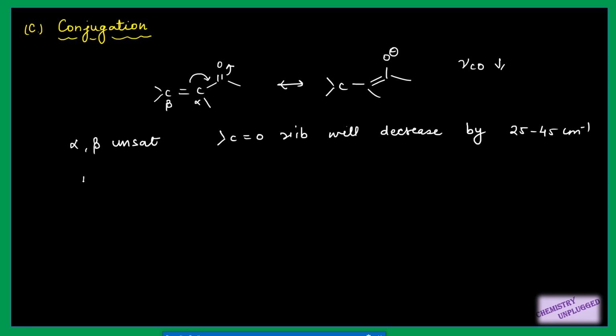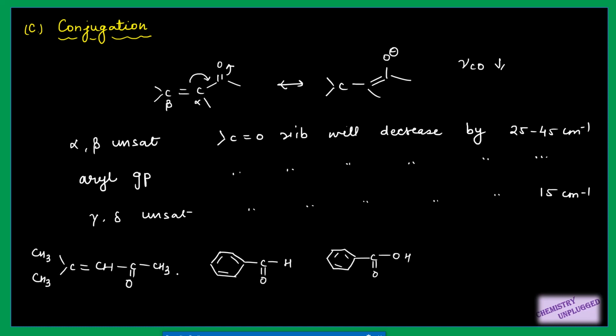And if you have an aryl group next to your CO, then the CO vibrational frequency will decrease by the same amount, nearly 25 to 45. If you have this unsaturation at gamma delta position, then the CO vibrational frequency will decrease by 15 centimeter inverse, right? So these are some important points.